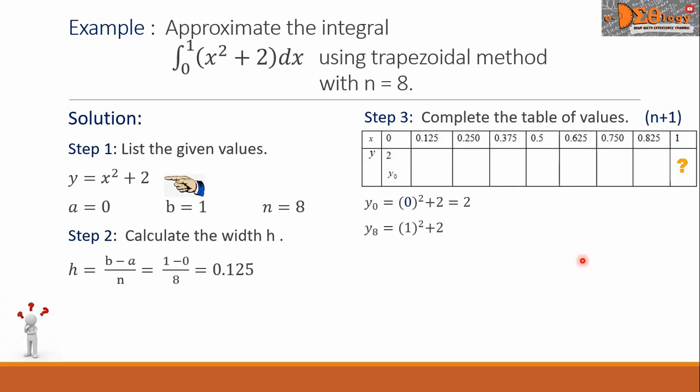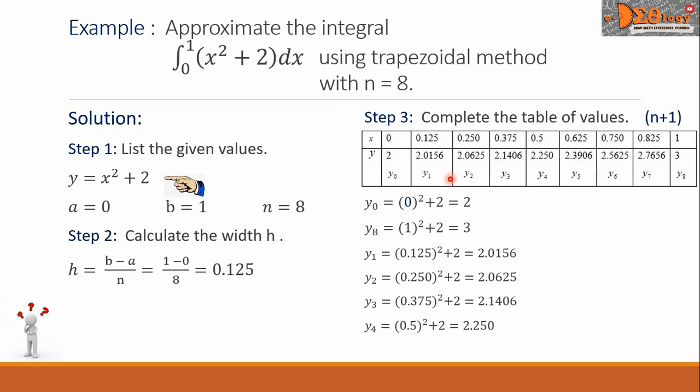So that will be y sub 8, and this is equal to, the value of x is 1, so we have 1 squared plus 2. This is equal to 3, and we copy it in here. That is the y sub 8. Now, we're going to fill the remaining values of y using this pattern. So it becomes like this.